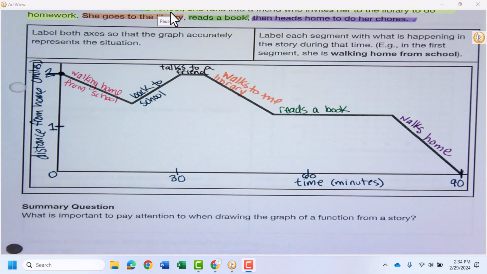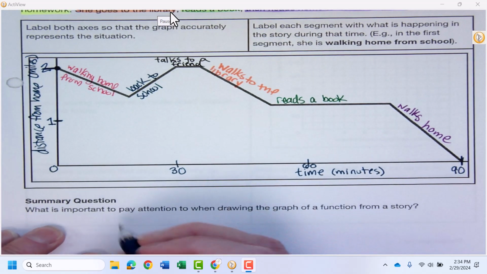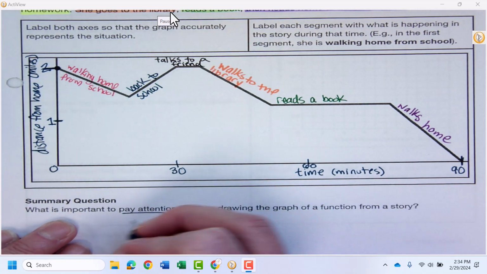I do want to make mention of a couple of things that are important to pay attention to. First of all, pay attention to precise labels.